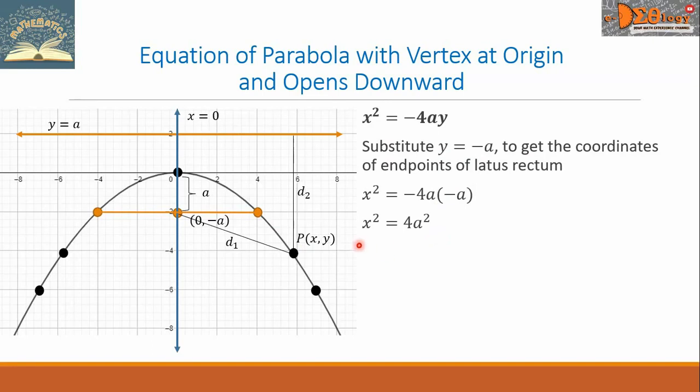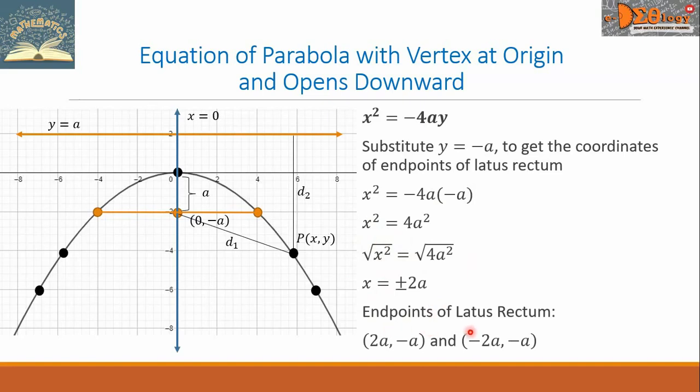Let us get the square root of both sides. So we have square root of x squared equals the square root of 4a squared. On the left side, we can cancel the radical and the square. So only x comes down, and this is equal to plus or minus 2a. Therefore, the endpoints of latus rectum are the points 2a, negative a, that is the point, and negative 2a, negative a, and this is that point.